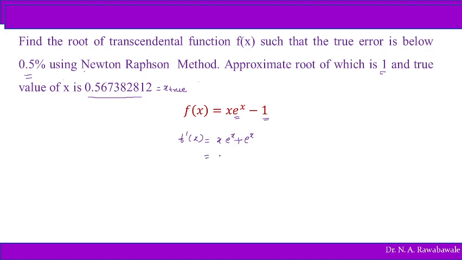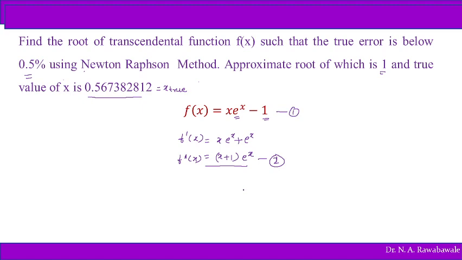So this can be written as x plus 1 into e to the power of x, the differentiation of the function. We call this equation number 2, and this equation number 1.